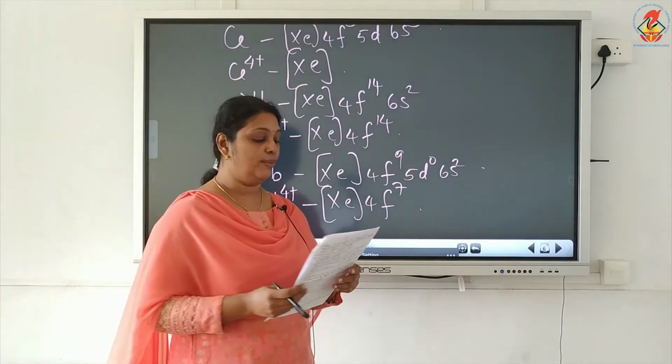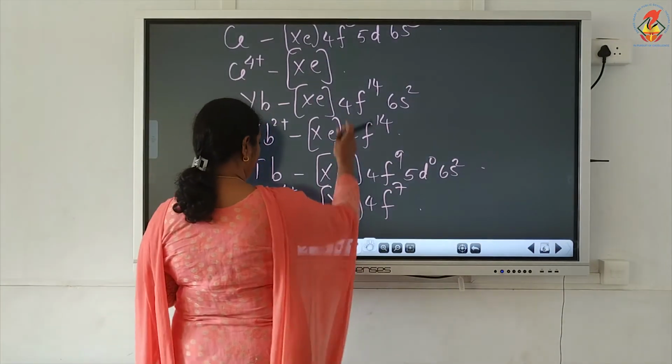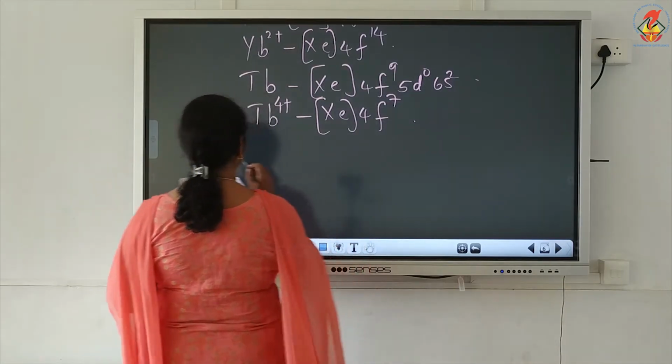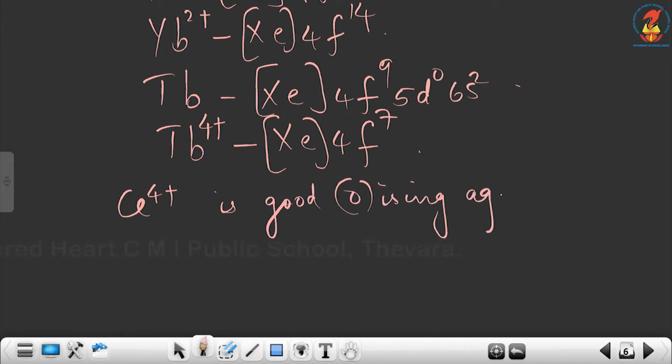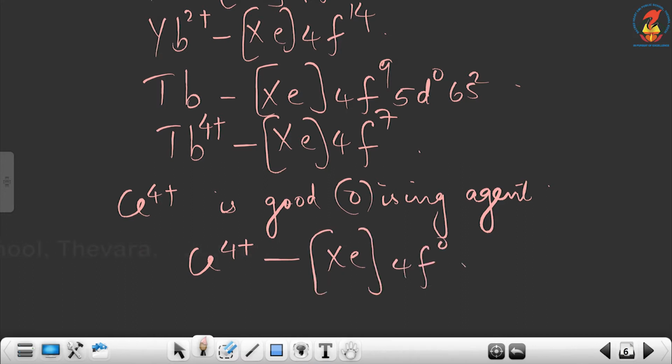Now next we have a question. Cerium 4+ is a good oxidizing agent. Why is it a good oxidizing agent? Cerium 4+ means its configuration is xenon 4f0.